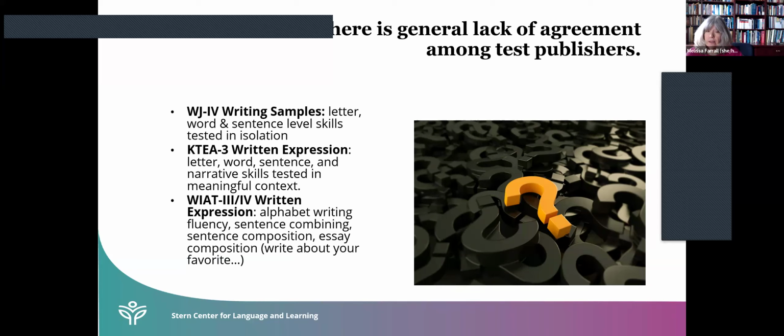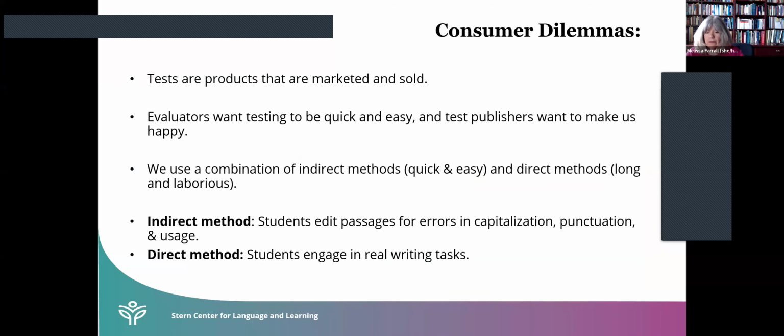If it only rises to the sentence level and doesn't require paragraph level or essay level skills, is that a valid way to measure a child's writing performance in middle school and high school, where the expectation is of more lengthy writing assignments? So there are lots more ways of measuring written expression. I've just cited three here, but let's move on.